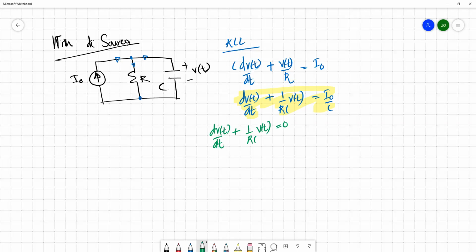So now we have an additional term appearing on the right hand side of the differential equation. When we are discussing circuits without external DC sources, we end up with a first order differential equation where the right hand side is 0.